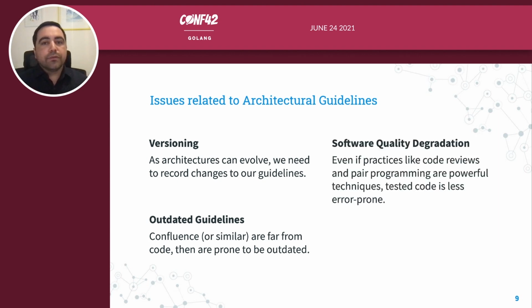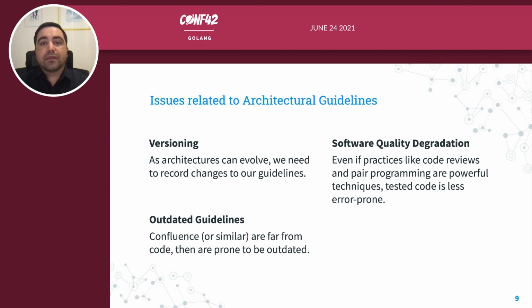The next issue is about software quality degradation. Even if we apply some powerful techniques in our teams like code reviews or pair programming, we are humans. So we make mistakes. And it's fine to make mistakes.